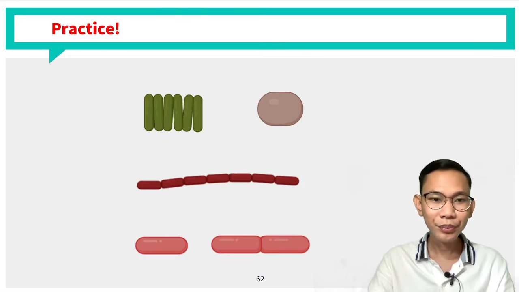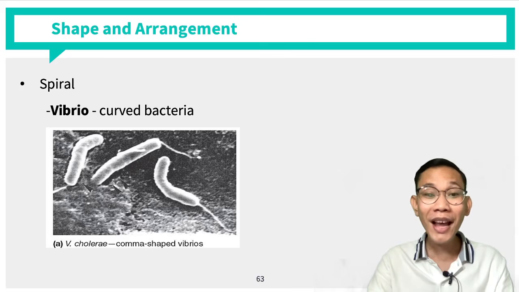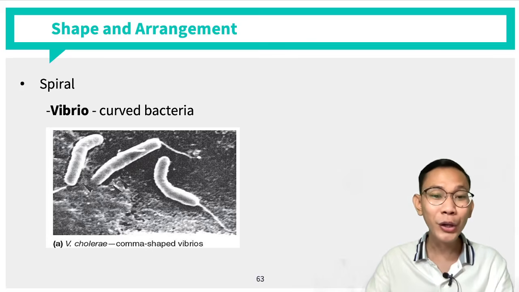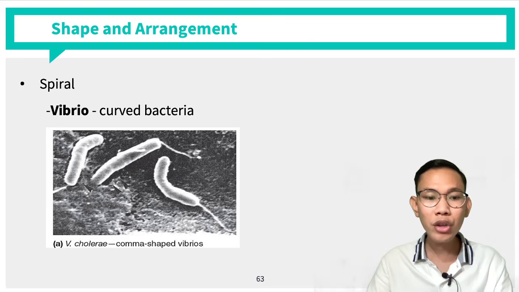Very good. Now for our last arrangement, we have your spiral. So first we talk about your Vibrio. So your Vibrio is a curved bacteria. So remember, once a curved bacteria, it's a comma-shaped Vibrio. So this group includes the bacteria that are either helical shape or curved shape or comma shape.